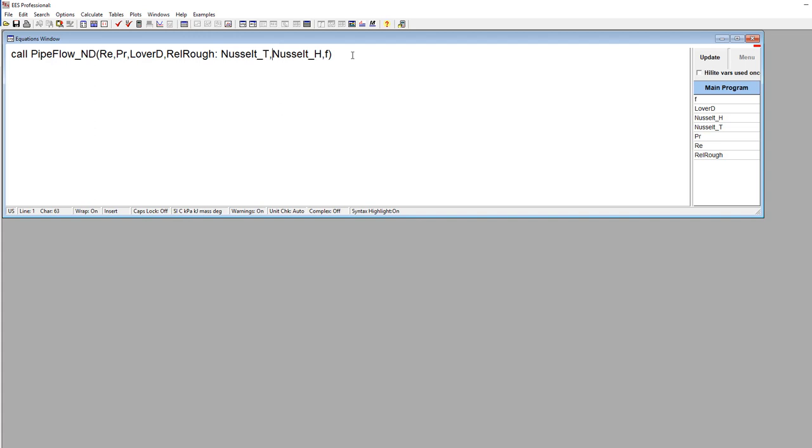So what you're going to find is the constant temperature solution is always going to give you the lower bound on the Nusselt number, and the constant heat flux solution is always going to give you the upper bound. So your solution will lie somewhere in between those two things, and depending on what's going on, you may decide that I'm much more like the constant temperature solution than I am like the constant heat flux, right? Or perhaps you just want to be conservative, in which case you would use the constant temperature solution. But that's where the boundary condition input shows up, right?